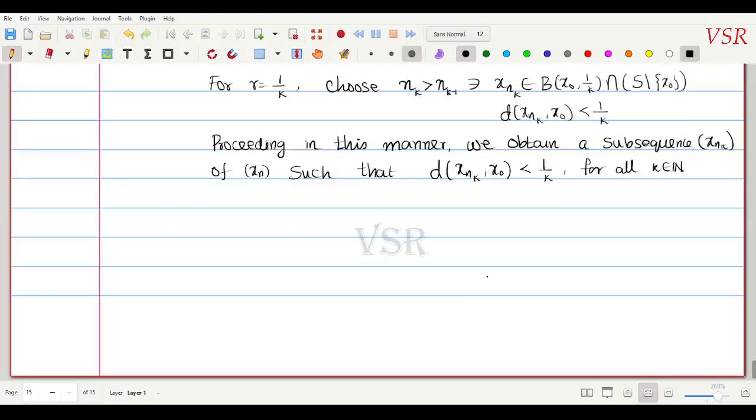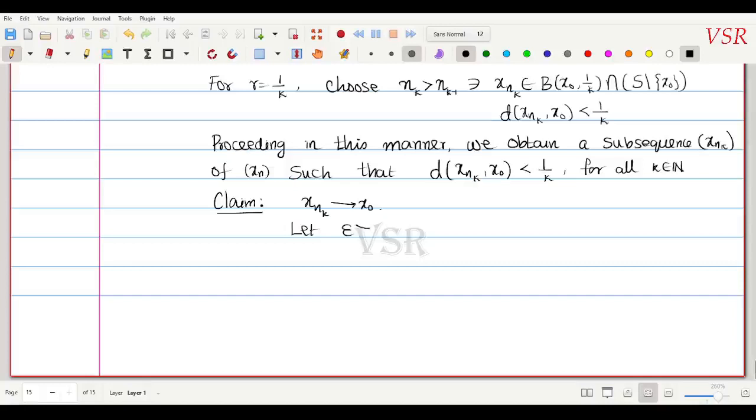Now the claim is that xnk converges to x naught. Let epsilon be positive.